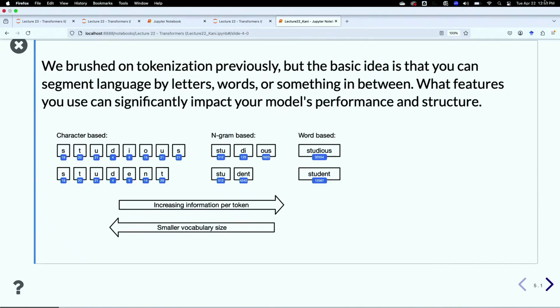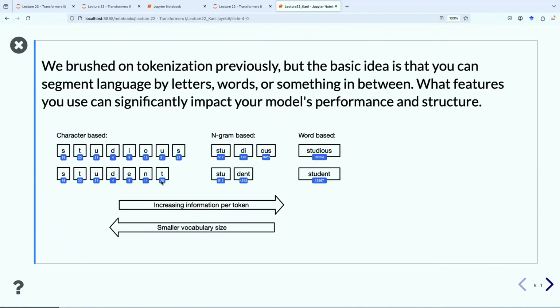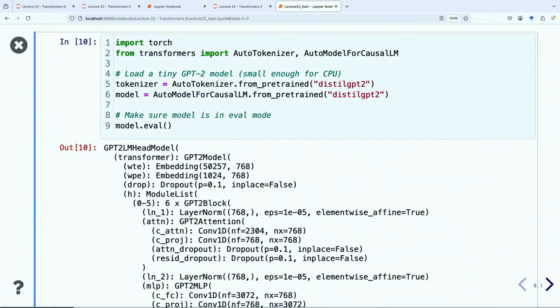So that's what tokenization is, right? Now, if we want to see tokenization in the real world, let's look at an actual example.